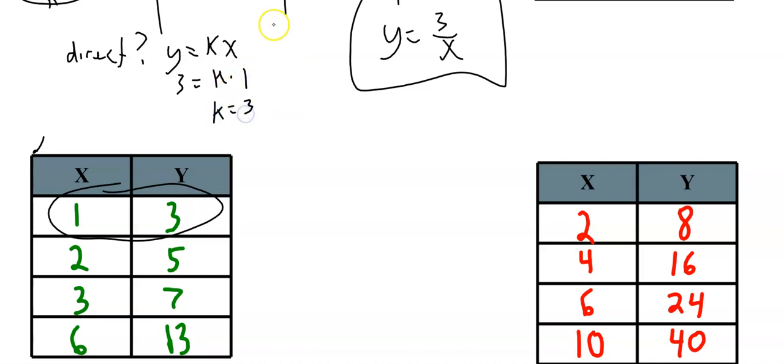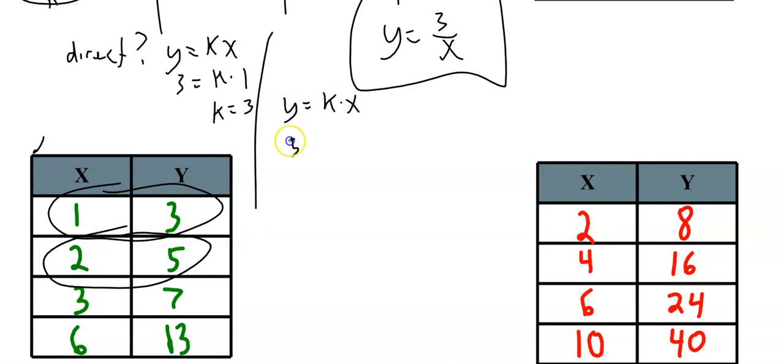Wow, that's weird. Okay, let's try the second point and just see. That's going to be y equals k times x, so 5 equals k times 2. Solve for k, you get k equals 5 halves. Well, guess what? 5 halves and 3 aren't the same. This is neither one, so it is neither inverse nor direct proportion here.